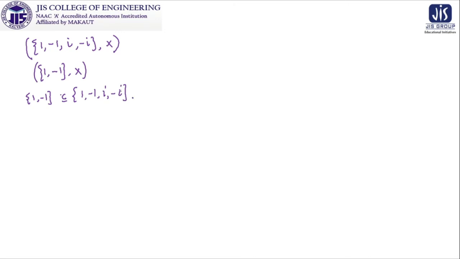Now you can take this particular set and start checking all the properties for being a group. 1 into 1 is 1, -1 into -1 is 1, 1 into -1 is -1, so the closure property holds good. Now as it is usual multiplication, automatically associativity will hold here.